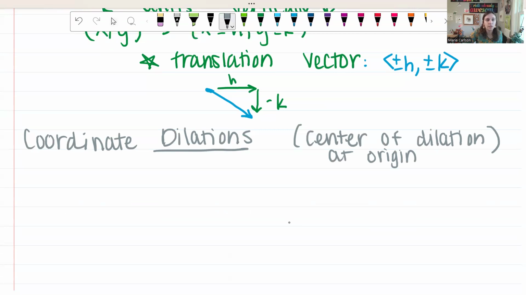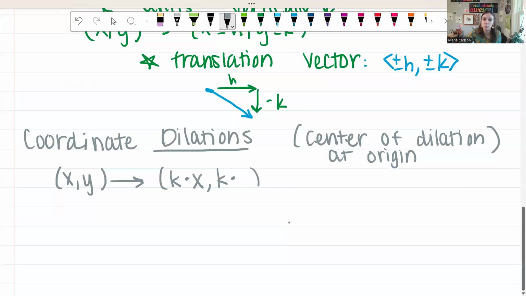If you have your point x comma y, you can dilate it by some scale factor k by multiplying both x and y by k. So k times x comma k times y means that this is dilating by some scale factor.